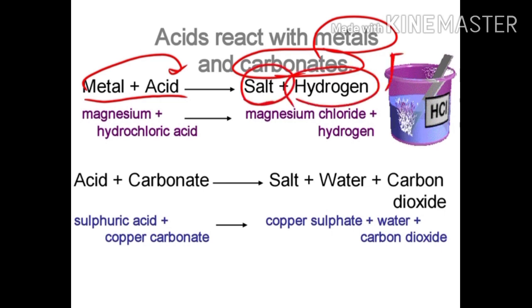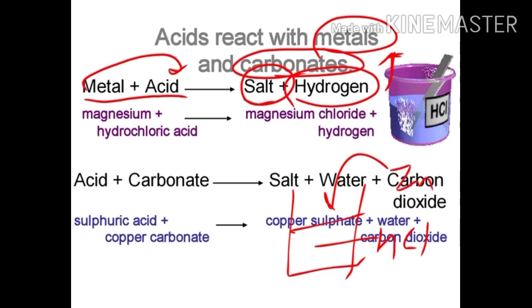This is an activity which is already given in chapter number 1. If you put zinc powder in a hydrochloric acid solution, what will happen? Hydrogen gas comes out, and a zinc chloride solution will form. So basically the metal reacting with acid forms salt and hydrogen gas.